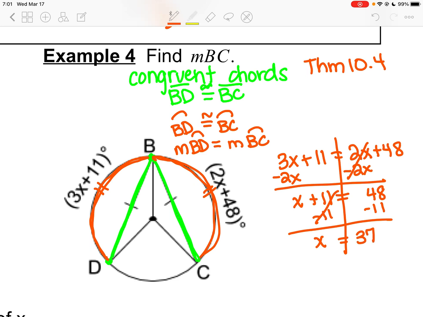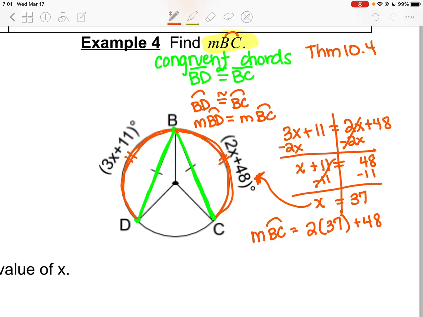I want to make sure that I'm answering the correct question, but the question tells me to find the measure of arc BC. I don't have that yet. So for the measure of arc BC, I'm going to plug this value into the expression that matches it. So this is going to be 2 times 37 plus 48.